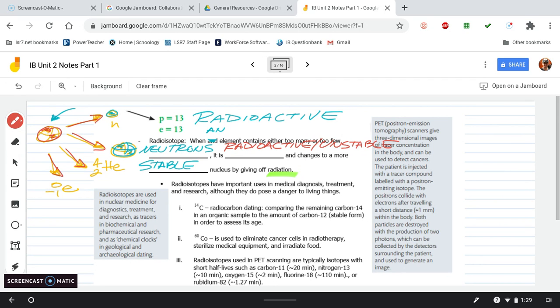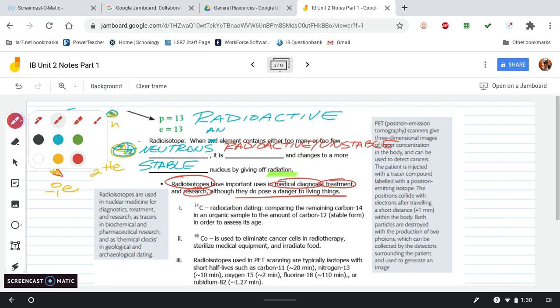And so radioisotopes are very useful. They have important uses for medical diagnosis, medical treatment, and research, but they do pose a danger to living things. So that thing right there at the end, they do pose a danger to living things, is kind of the key thing. So you have something that's useful, but something that can be dangerous.